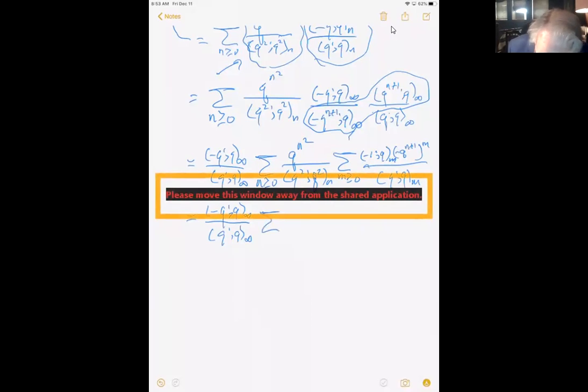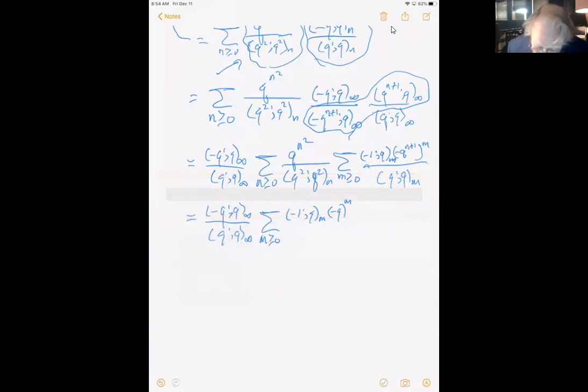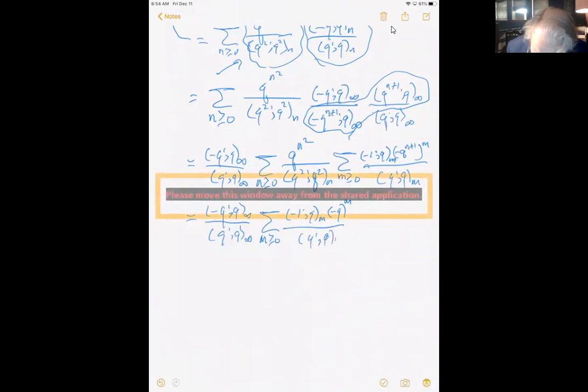So what's the game? We bring the m series out front and bring out front everything that involves m. So we have minus q to the m, divided by q sub m.